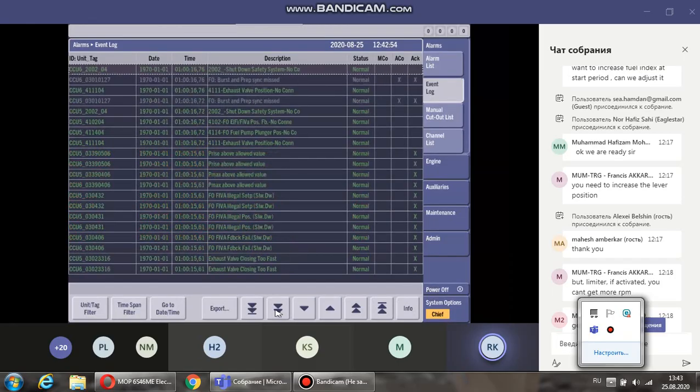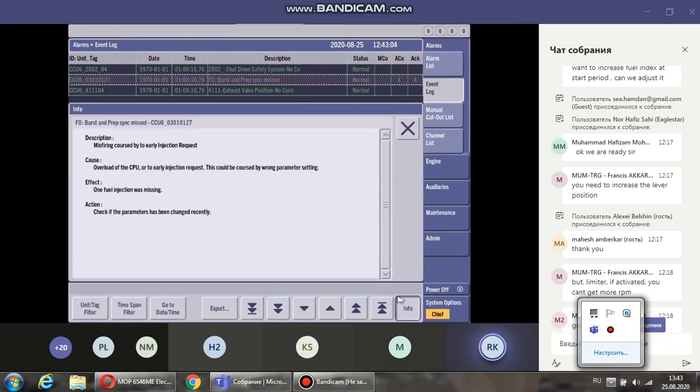The system demands any sort of acknowledgement. If it is an automatic cutout, then it is the system acknowledging the alarm for you. It doesn't need any interaction from the operator itself. Okay.